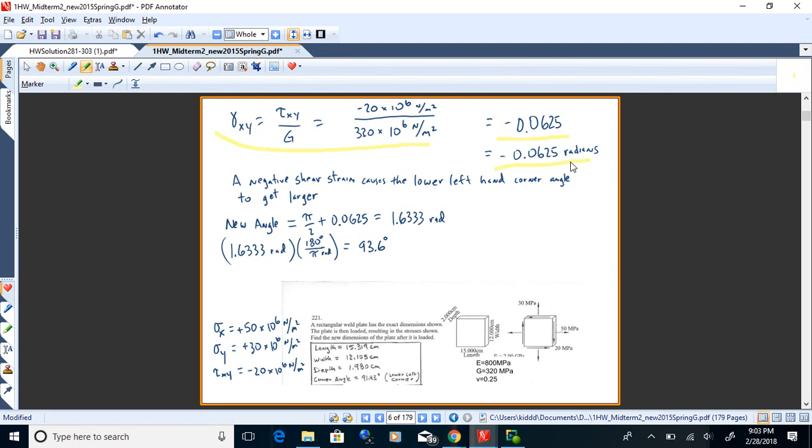Now, a negative shear strain actually causes the lower left-hand angle to get bigger. So that's pi over 2 plus 0.0625 radians. I've got a 90-degree angle there in radians, pi over 2, and another 0.0625 radians. So that's 1.6333 radians, which converts to 93.6 degrees.